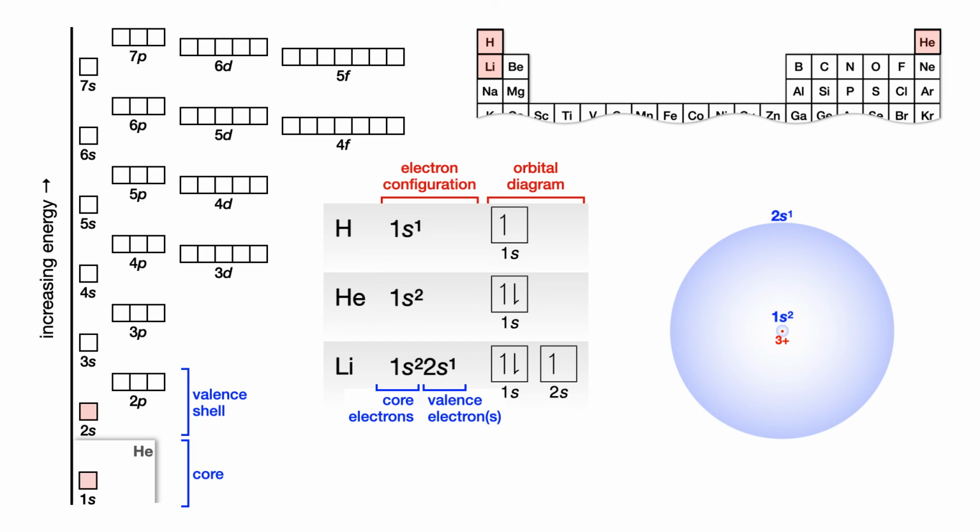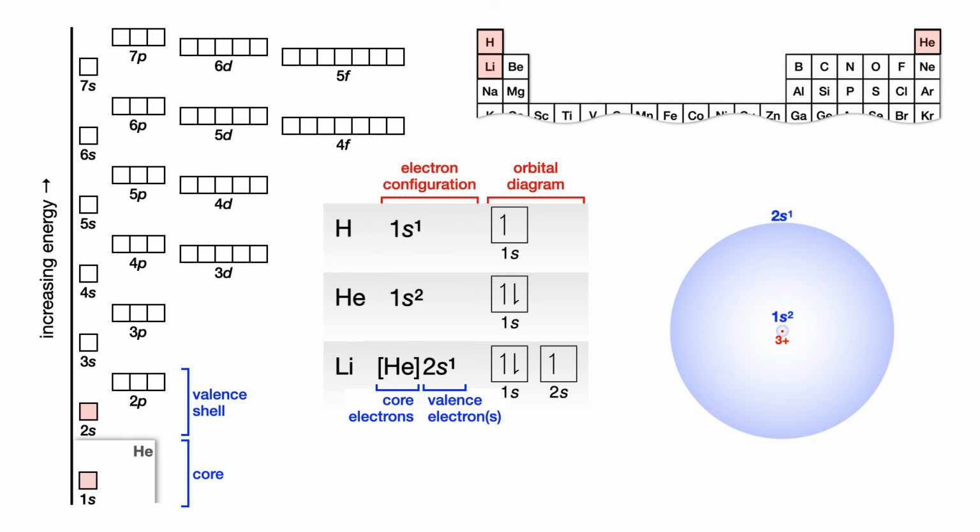And so we can represent this in the electron configuration by replacing 1s2 with the helium core. And so we can write the configuration of lithium as being a helium core plus a 2s1 electron in the valence shell.